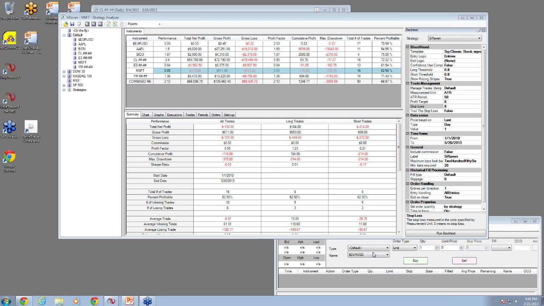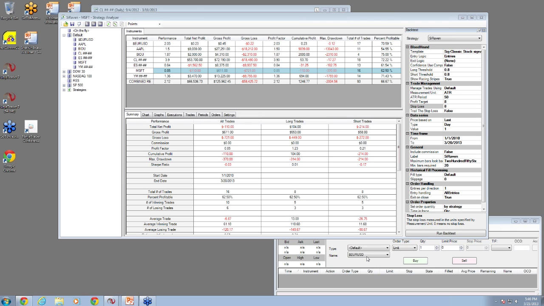Who can tell me what the common denominator is between those two in terms of characteristics? They're completely different instruments, but Microsoft and the ES tend to be not wildly moving instruments.